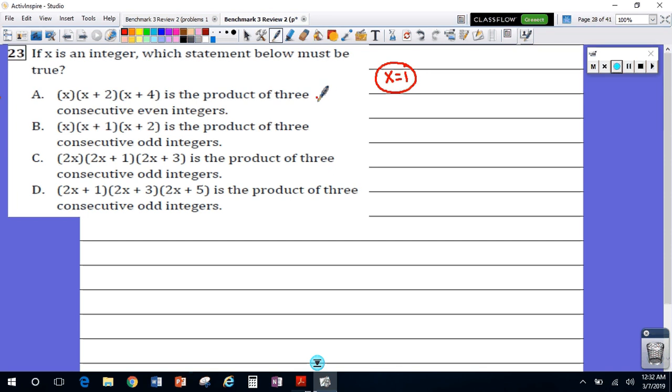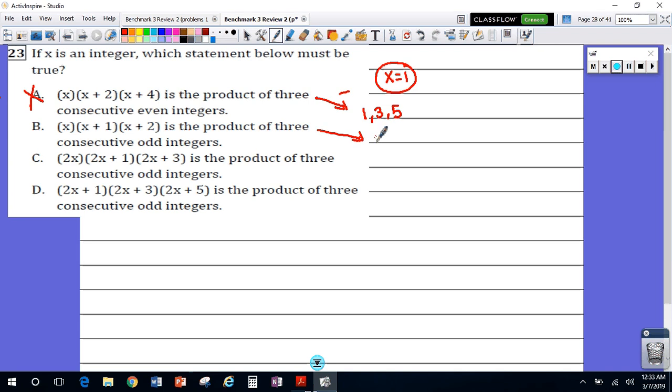So what is this first option? So when you plug in x equals 1, you get 1, 1 plus 2, that is 3, 1 plus 4, 5. But what it says here? The consecutive even integers. So option A is wrong.